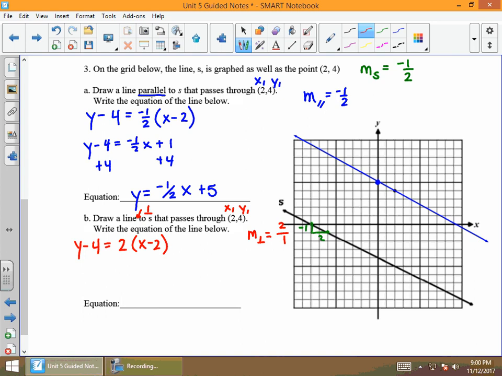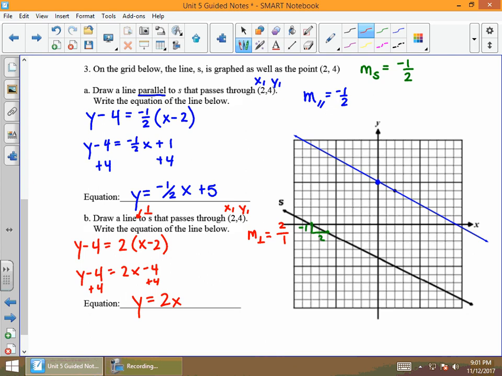So you'll notice that the only thing that changes from the blue equation to the red equation is the slope itself. So y minus 4, I'll distribute. That's 2x minus 4. Add 4 to both sides. The equation is y equals 2x plus 0.